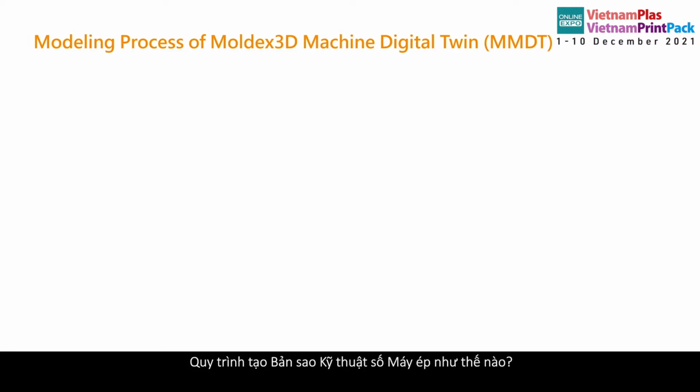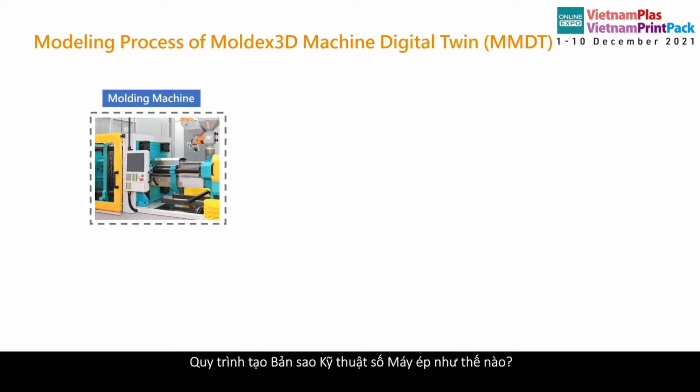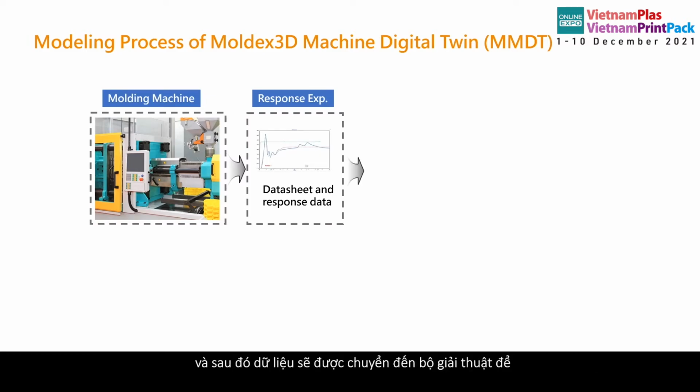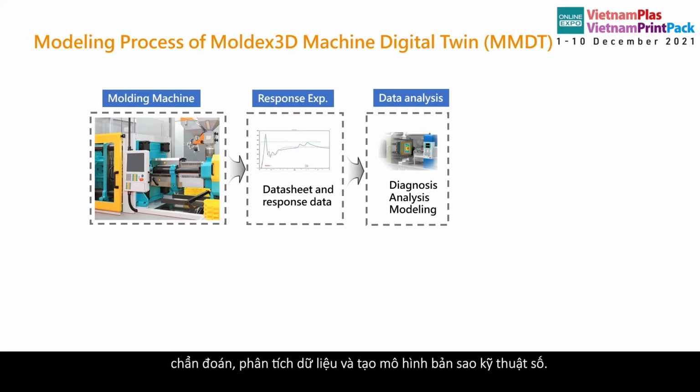What is the modeling process of the Model 3 machine digital twin? The workflow starts from the injection molding machine. We will arrange a series of experiments to capture machine response data, and then the data will be transferred to the modeling solver for data analysis and model generation.